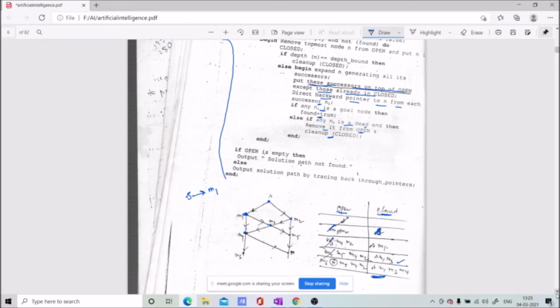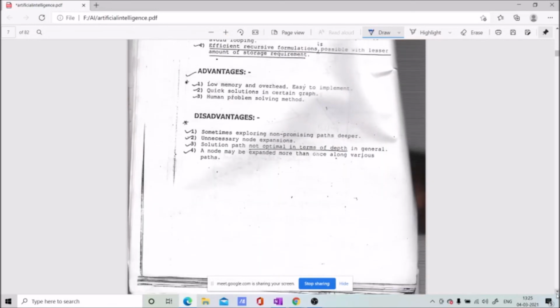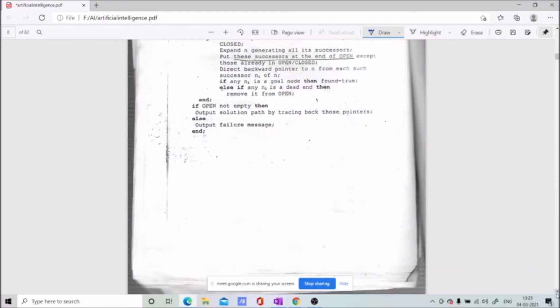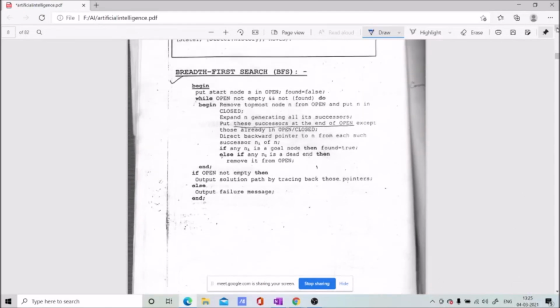We also know what the algorithm of BFS should be. I am not discussing all of that because I think you should know it. That is another algorithm, and the difference is that one uses the concept of queue and one uses the concept of stack.